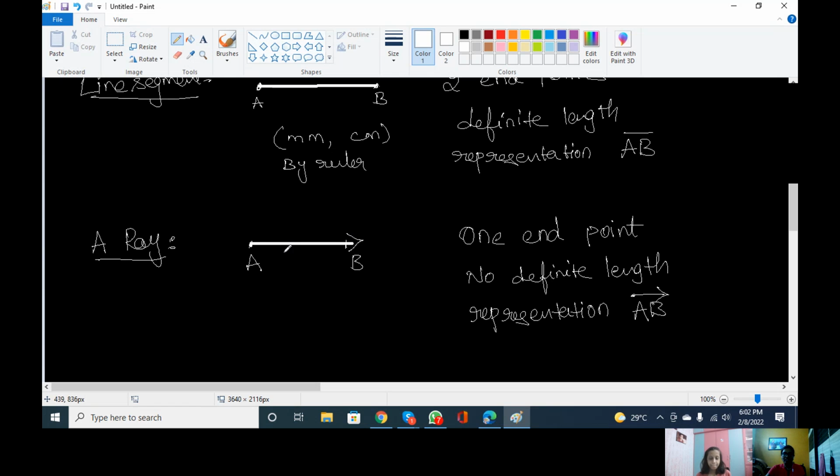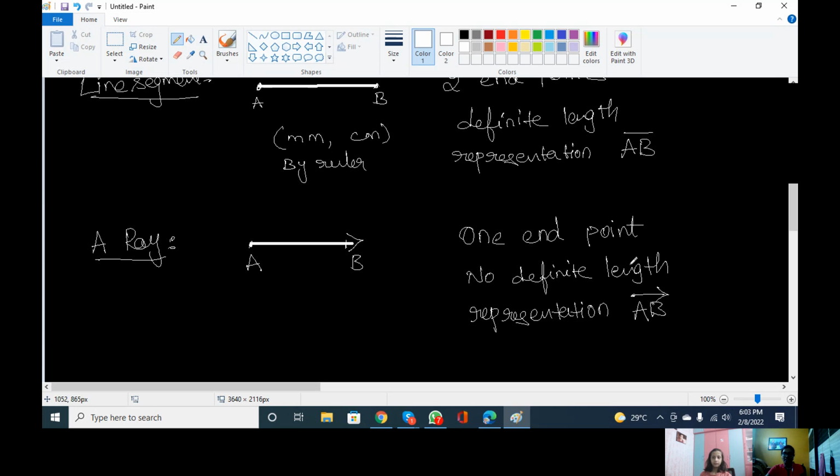It is represented like that, showing the direction, meaning this is the way you need to move. So it has one endpoint and no definite length, since we cannot draw it on paper. The representation of AB is like this, one side an arrow mark and one side a point.